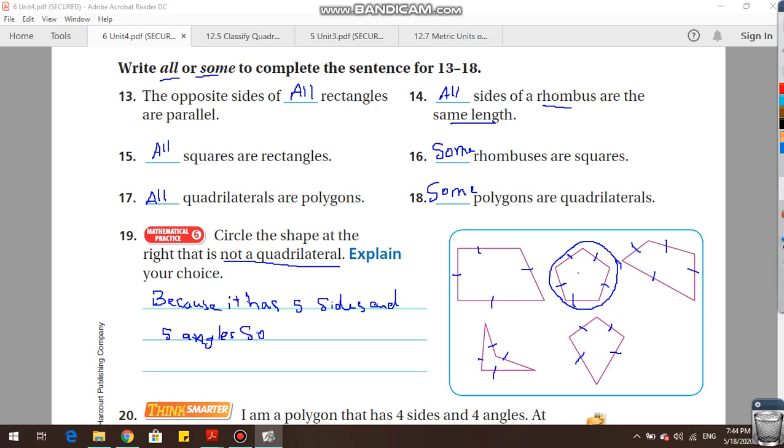Which polygon has 5 sides and 5 angles? And of course 5 vertices. So it's what? Yes, a pentagon. So a pentagon has 5 sides, 5 angles, and 5 vertices.